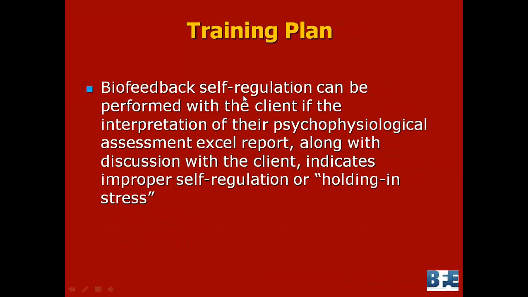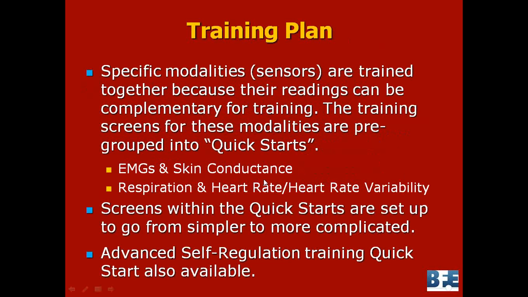Self-regulation training. So we can do some self-regulation training if we feel that the psychophysiological assessment indicates, along with a discussion with the client, possibly superiors, that they might have an improper sort of self-regulation response, or that they're holding in stress, and then we feel like we can help them.